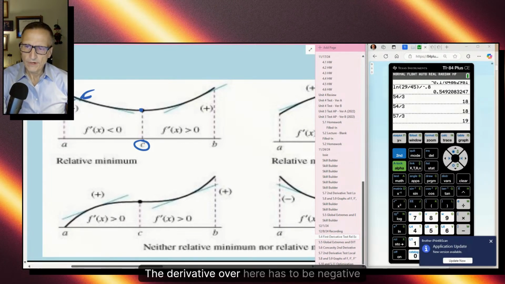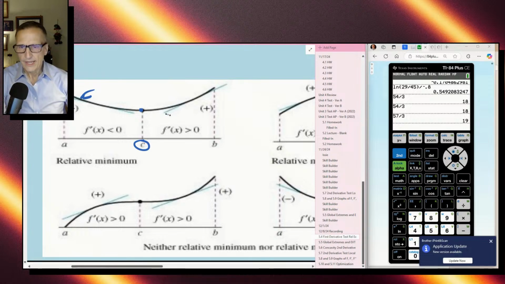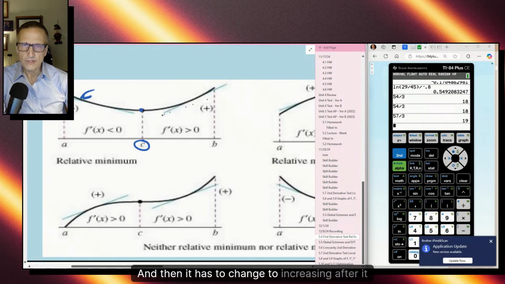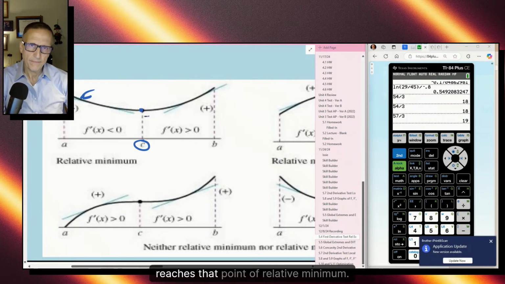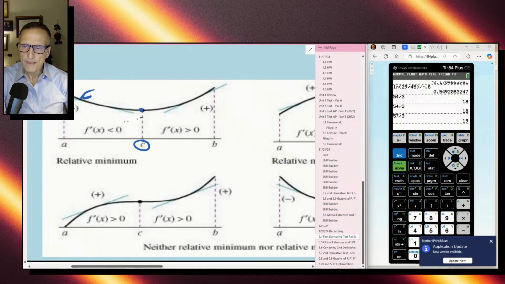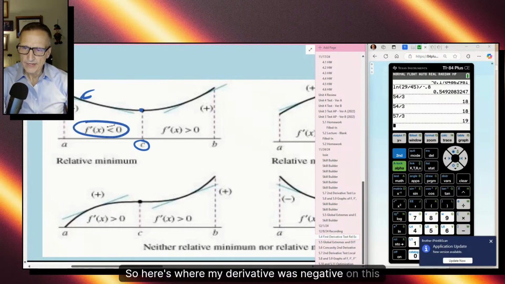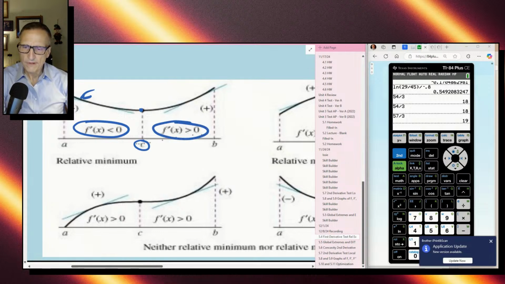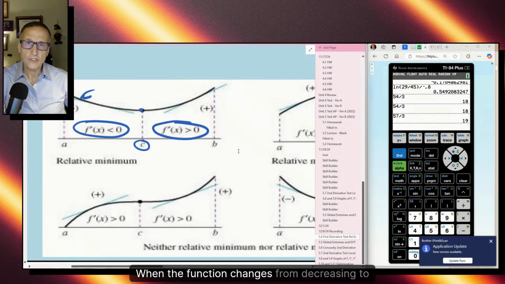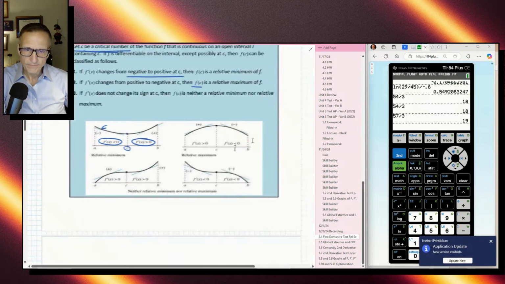The derivative over here has to be negative because the function has to be decreasing, and then it has to change to increasing after it reaches that point of relative minimum. So here's where my derivative was negative on this side of c. Here's where the derivative was positive on the right side of c. That, by definition, is a relative min when the function changes from decreasing to increasing.